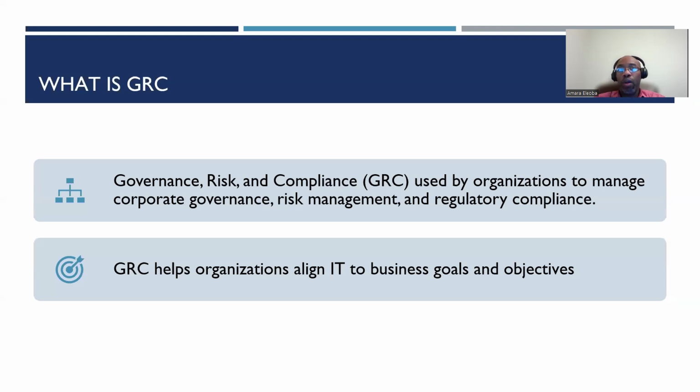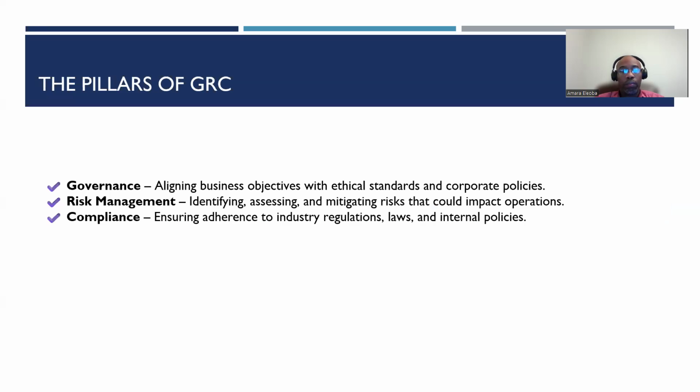So the next step will be to make sure the organization is compliant with what we call PCI DSS, right? PCI DSS stands for Payment Card Industry Data Security Standard. Now, this applies to any organization that is accepting credit card, okay? So that is an example of how GRC can help an organization to meet its goals.